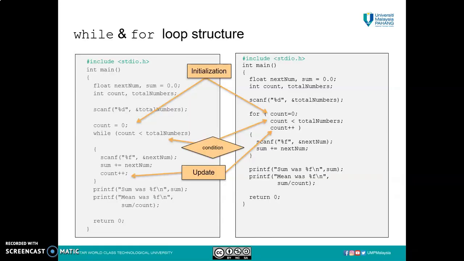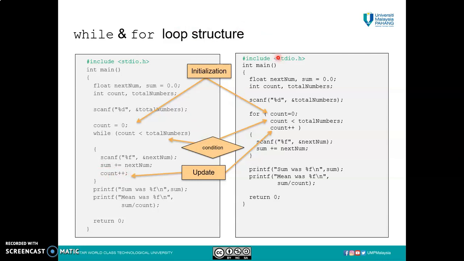Another thing that I want to mention in this video is the difference between the for loop structure and the while loop structure. For the while loop, initialization, repetitive condition, and also the update statement happen at different places. First we have to initialize it, and then we use the syntax for the while loop, and the update is inside the body of the loop.